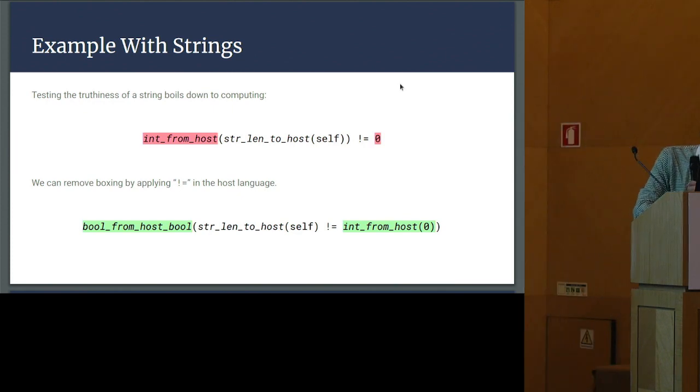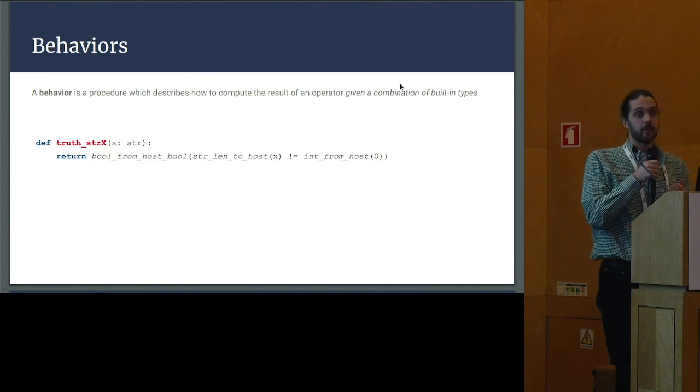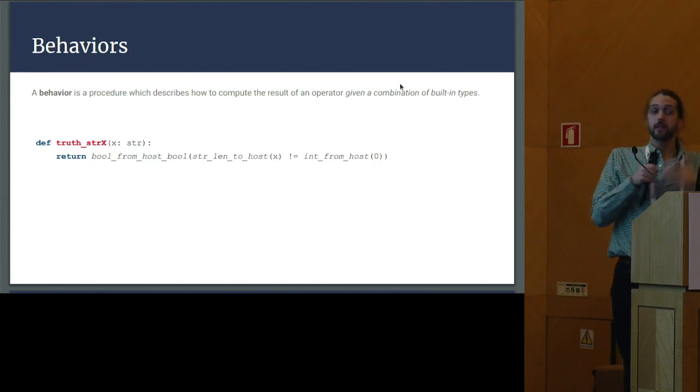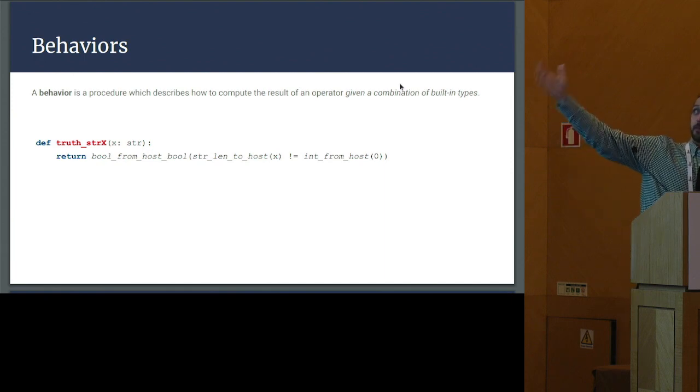And this here, on the bottom, is what we call a behavior. A behavior is a special case of the semantics without all those magic methods. It's a fast path when you know the type of your operand for some operation. And we can write them in Python, so the compiler can compile them and reuse them with a few primitives.